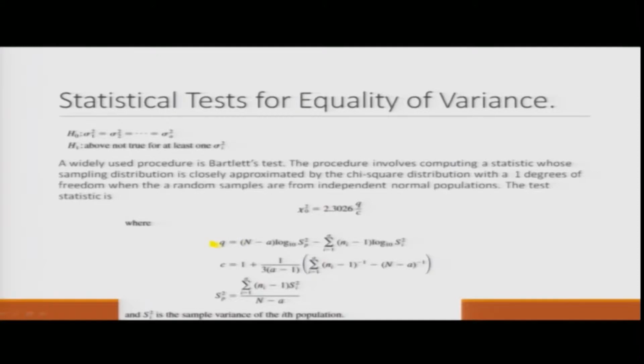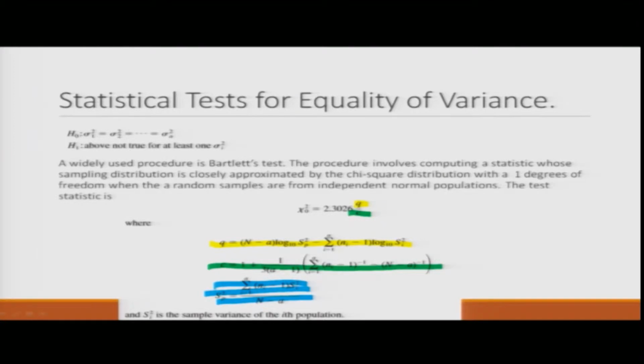This is the q value, this is the c value, and this is the pooled variance. The sample variance of the ith population is this.